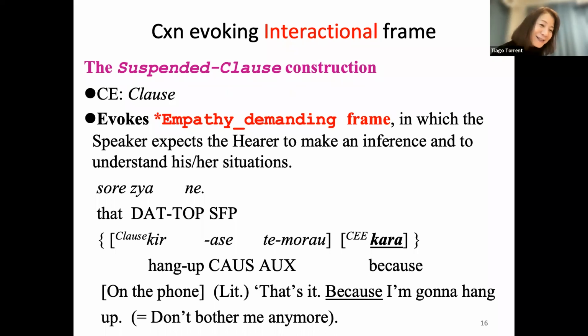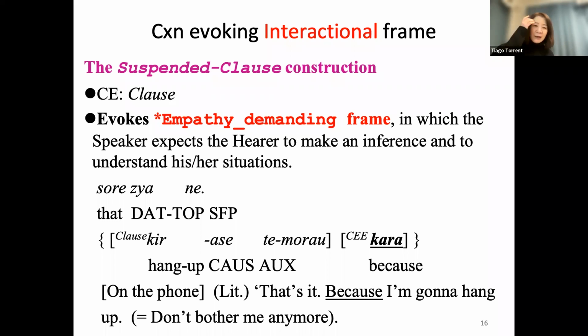The example goes like this. それじゃね、切らせてもらうから. So on the phone, that's it, because I'm going to hang up. It's a little translation, but the sentence means something like, don't bother me anymore.